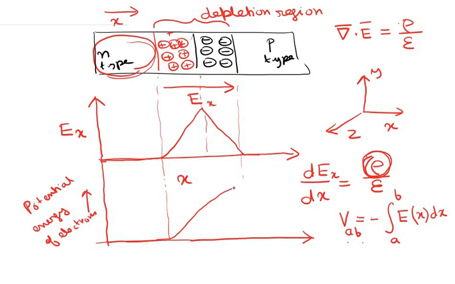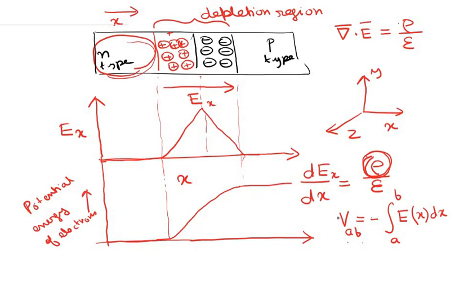It increases up to this point, and when the electric field becomes 0, this potential energy saturates. If we now consider the actual potential, then the actual potential, I repeat again, is the negative of the potential energy seen by the electrons.